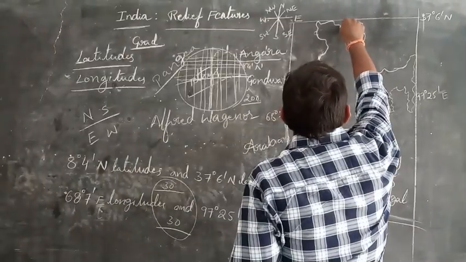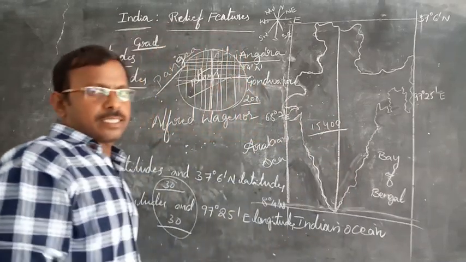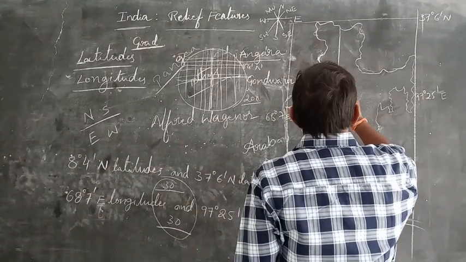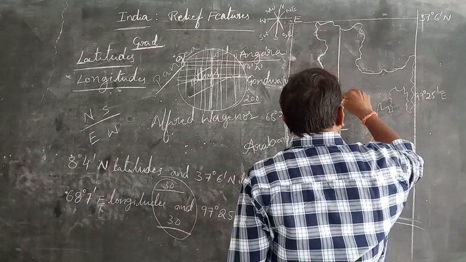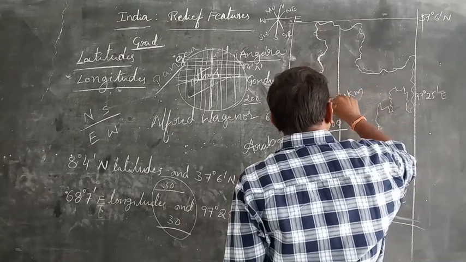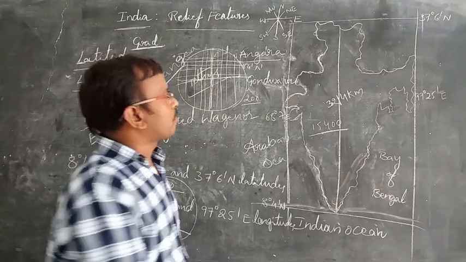From north to south, what is the distance of India? See that: 3,214 kilometers from north to south.